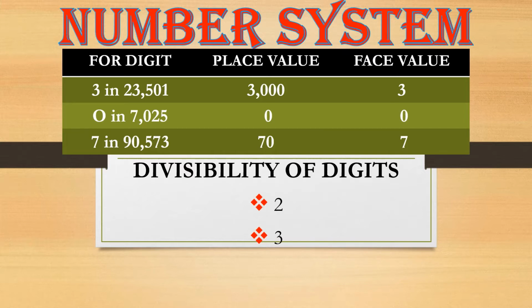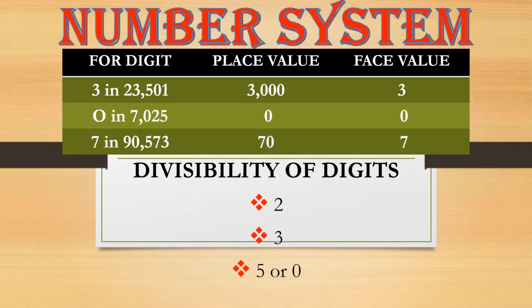A number is divisible by 3 if the sum of its digits is divisible by 3. For example, 36, 406, 2367, etc.